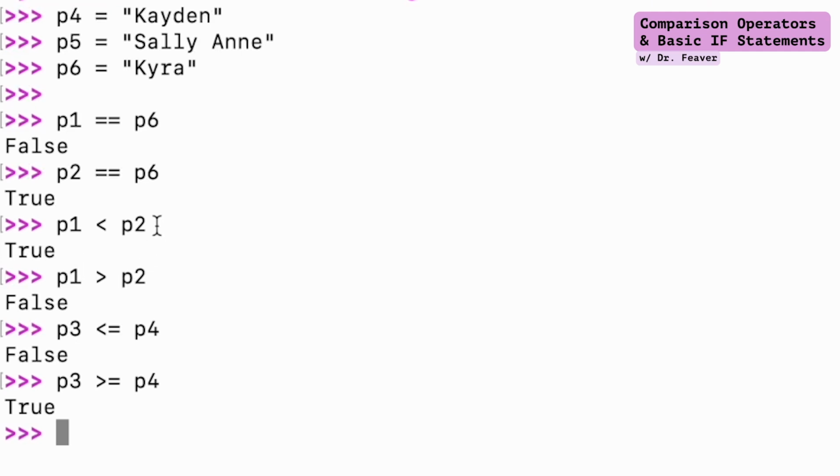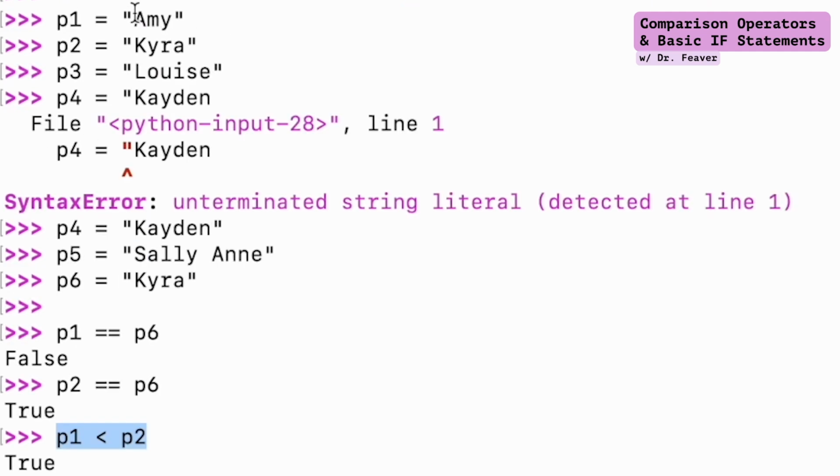So the way that this works is that it's doing alphabetical order. So P1, which is Amy, comes earlier in the alphabet than Kyra. So Amy and Kyra are going to have the property that Amy is less than Kyra. So things that are earlier in the alphabet are less than things later in the alphabet.